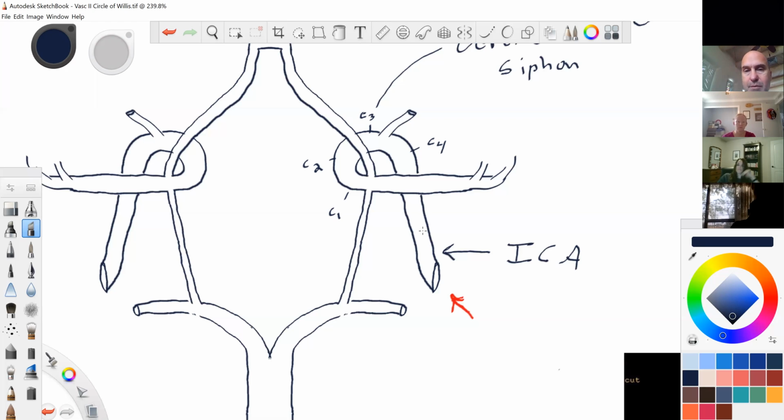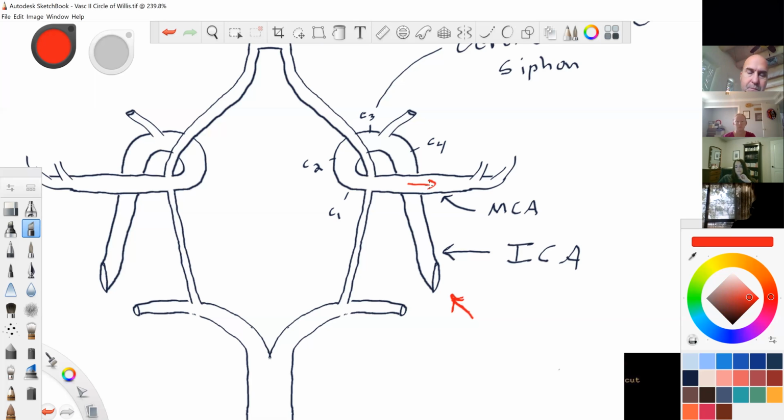So that's the ICA. It comes up and around, and then becomes the MCA, the middle cerebral artery. That direction of flow is, I'll go ahead and put an arrow here, going straight out.